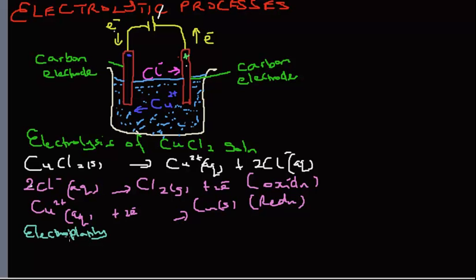So all we are saying is that an electroplating process is just the coating of one metal with another metal, and we are using an electrolytic process to do that.